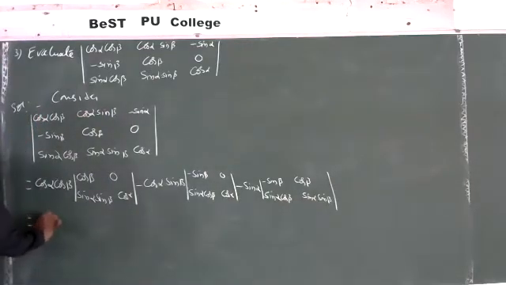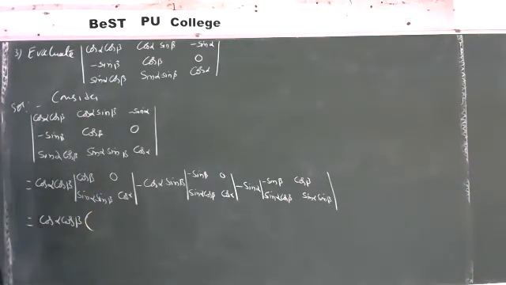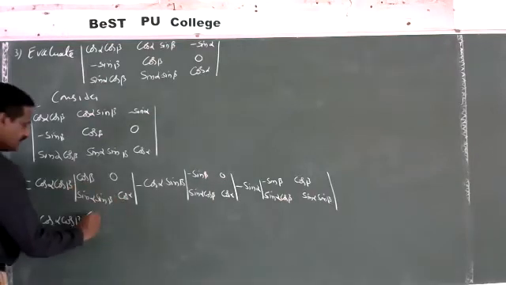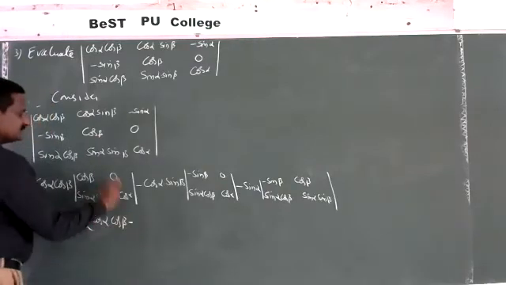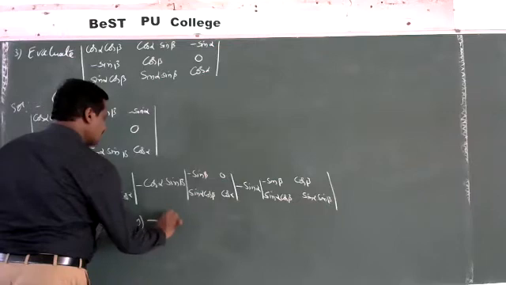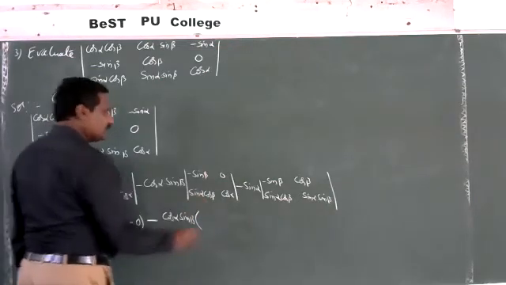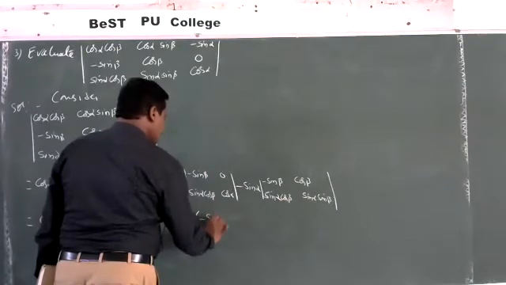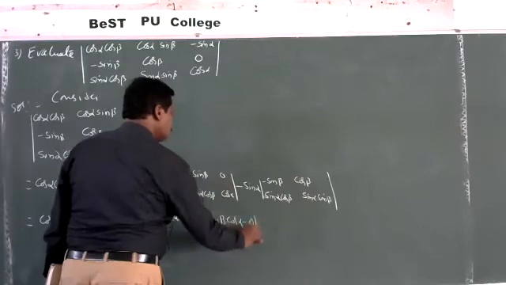Here it is cos alpha cos beta into cos alpha cos beta. It becomes cos alpha cos beta minus 0 into this value 0. Then it is minus cos alpha sin beta. Here if you multiply these, it is sin beta cos alpha minus 0.